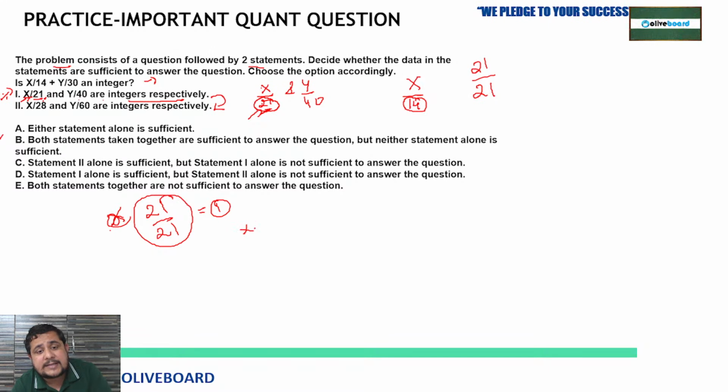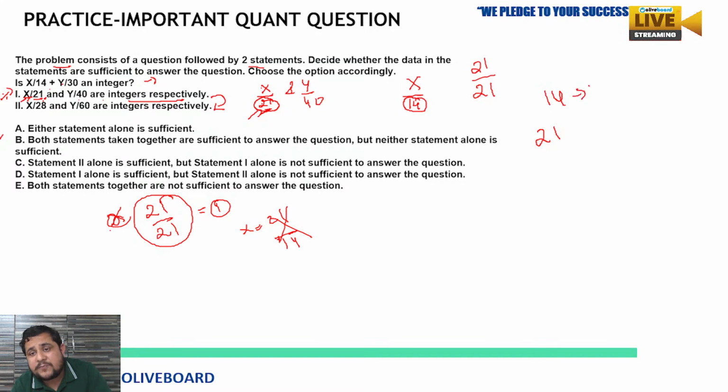But if I say x is 21, is it cancelled by 14? x/14 is also given here, x/14 + y/30. So will it be cancelled by 14 also? No. Why? Because see, the factors of 21 and 14 are 7 into 3 and 7 into 2.